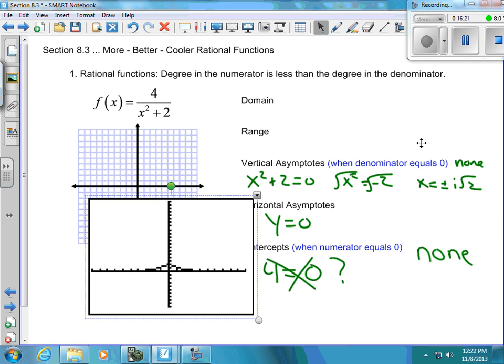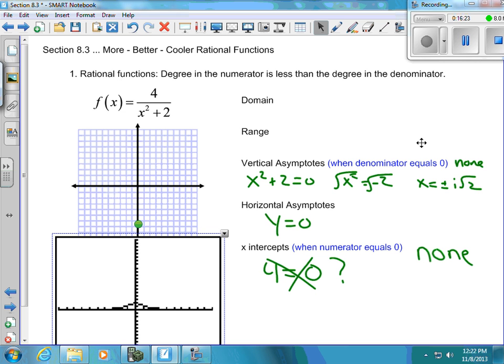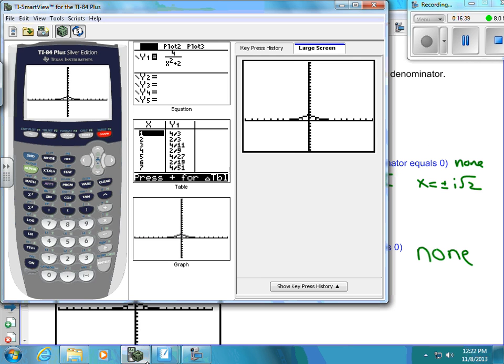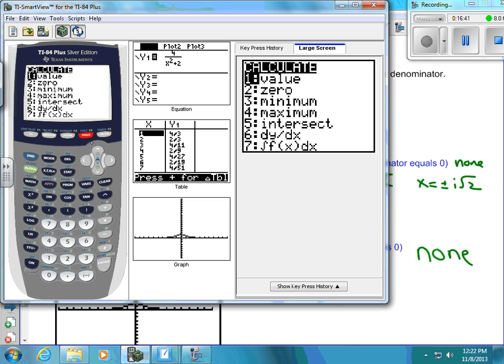This is a bigger scale than I got, but it looks like that's going to line up with what we have here. I forgot to label our horizontal asymptote, but that is y equals 0 right there. Our graph is all above that line. It looks like it goes up to a certain point and comes back down. Let's see if we can find that in our table.